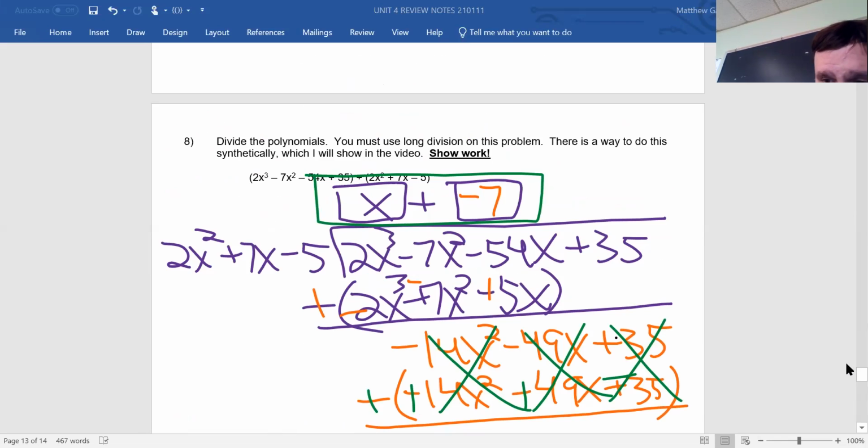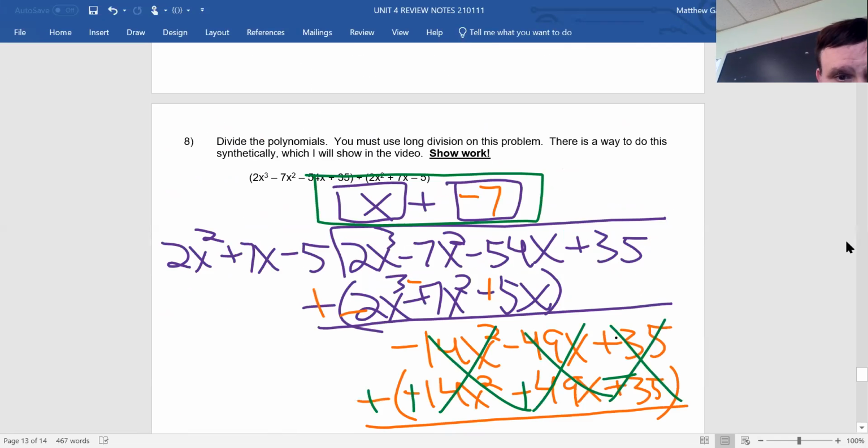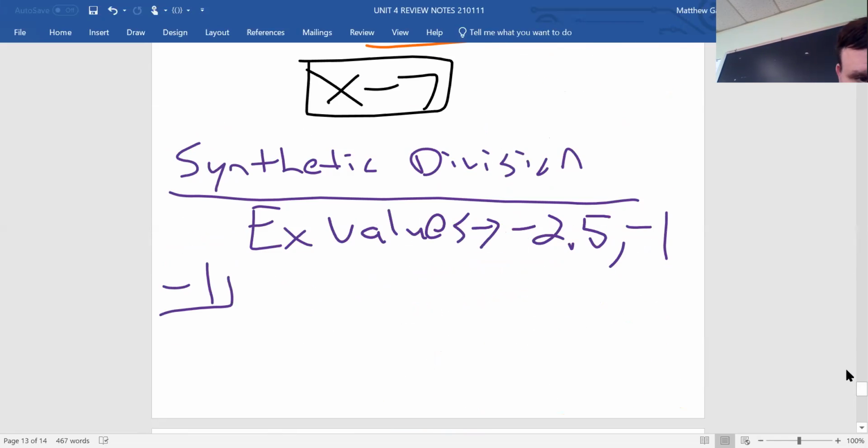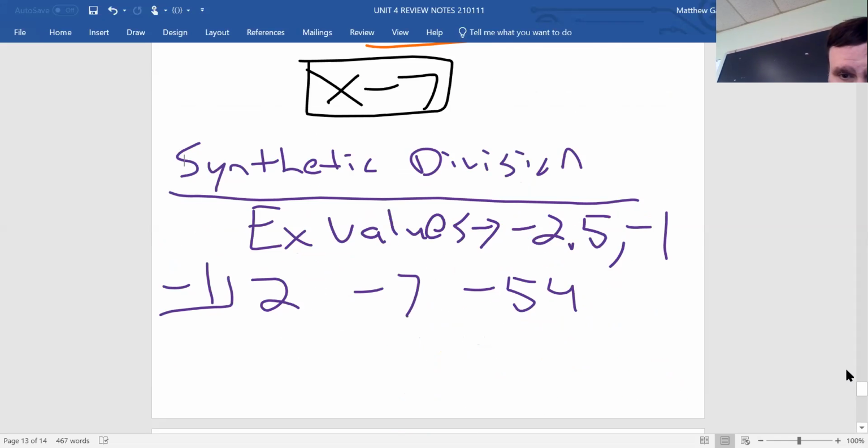Negative 1. So this is where you go through it twice. So if we start with negative 1, coefficients for the dividend are 2, negative 7, negative 54, 35.